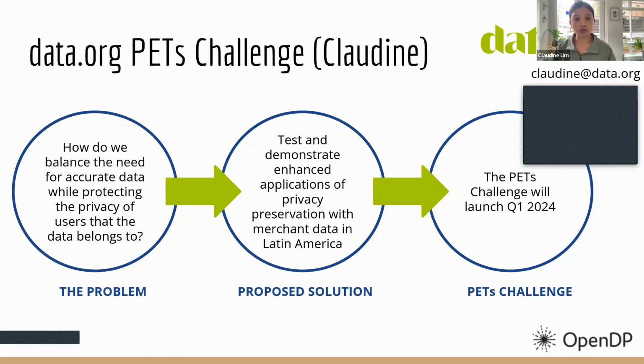So what the challenge really is about is this private company will be providing access to a representative synthetic data set of aggregated transaction data. Harvard OpenDP is defining a baseline solution for challenge participants to build on. And the University of Habanera will co-design the baseline solution with Harvard OpenDP.